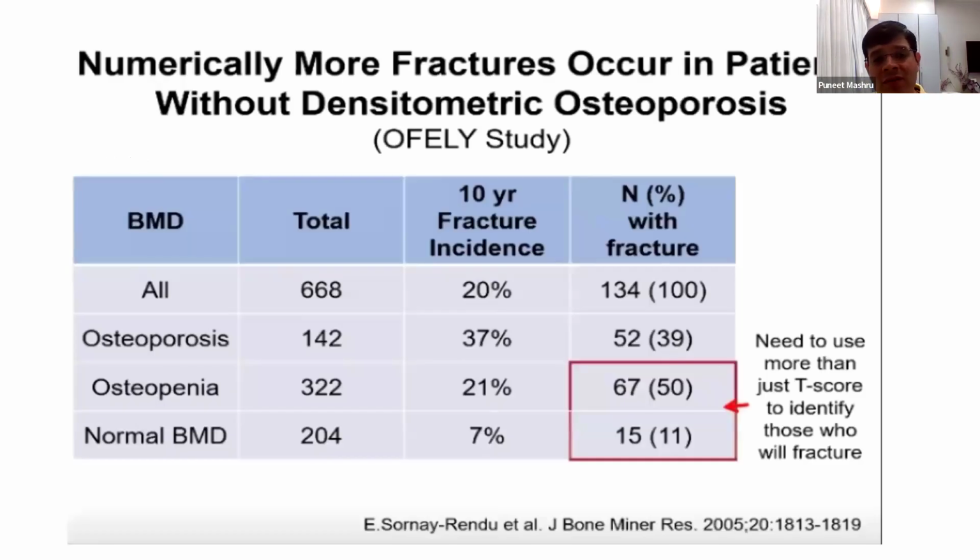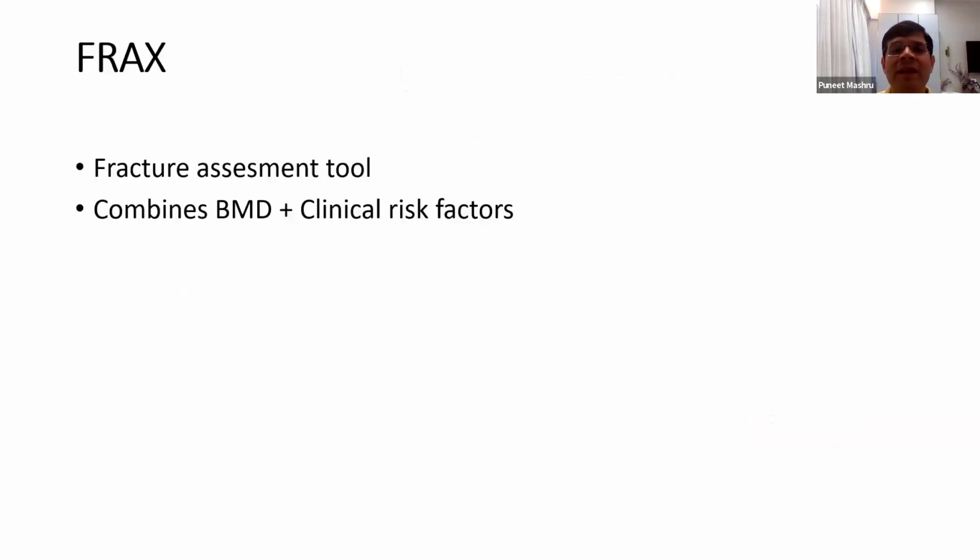So what is important to know is that although the risk of fracture is highest in the osteoporotic range, more fractures occur in the osteopenic or normal BMD range. So there is something beyond the BMD which increases the risk of fractures.